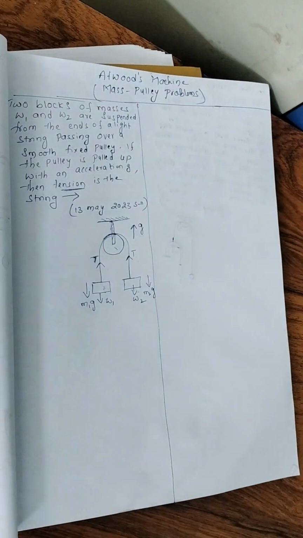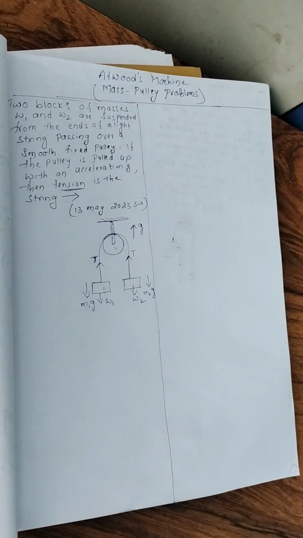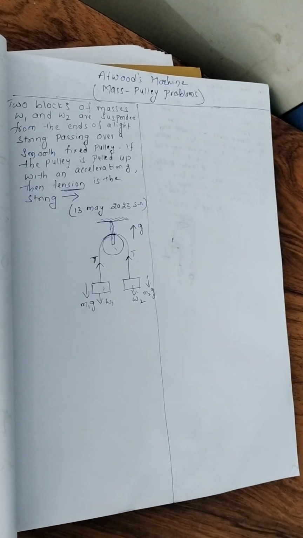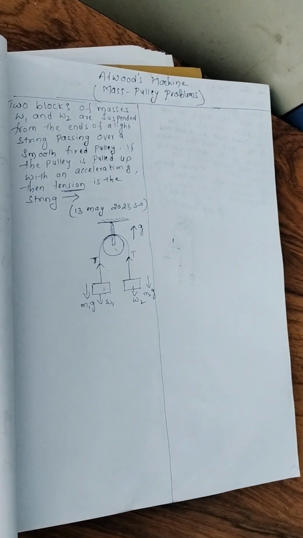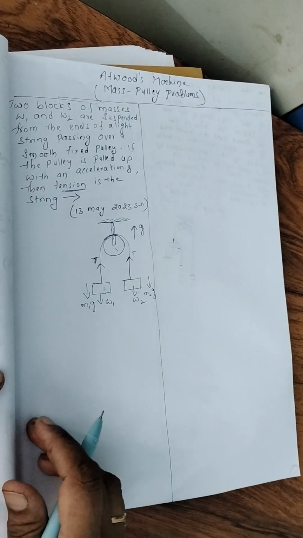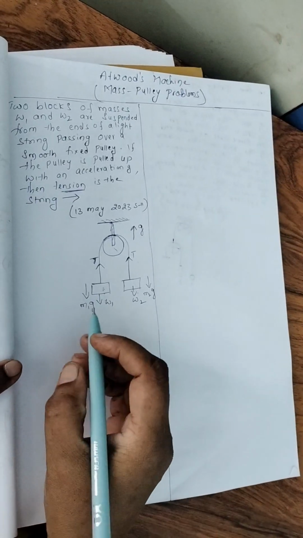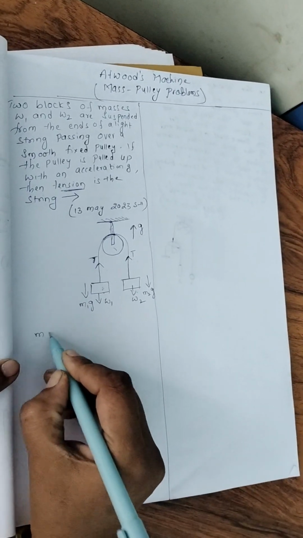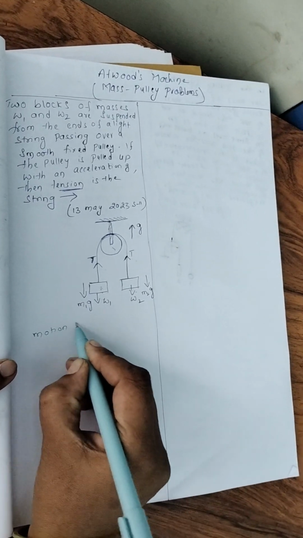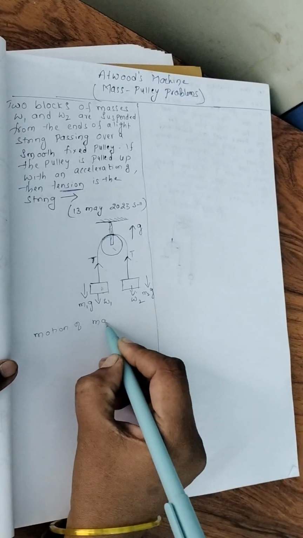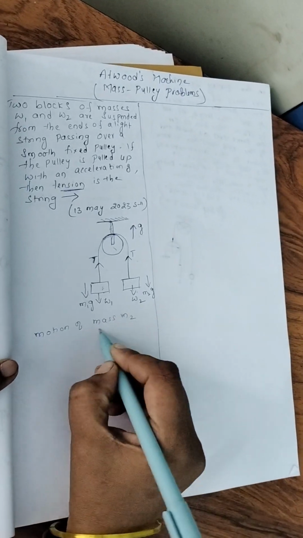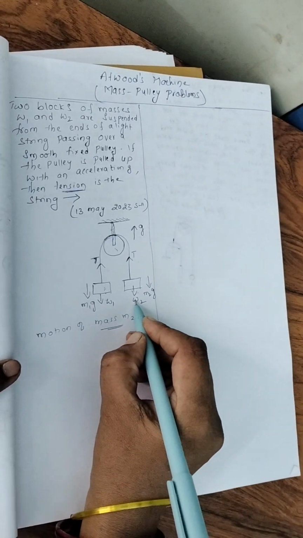Okay, now next. Now he is asking to find the tension. So first, let us write the motion of mass M2, for this body.